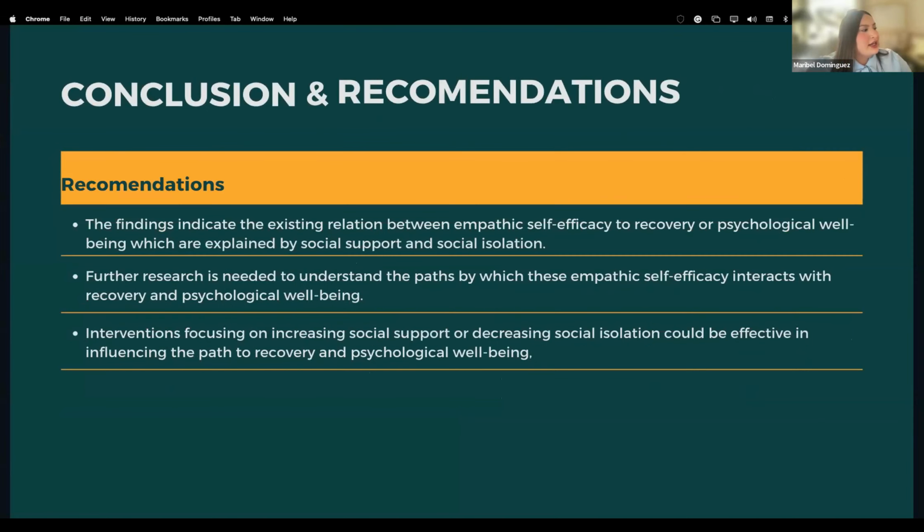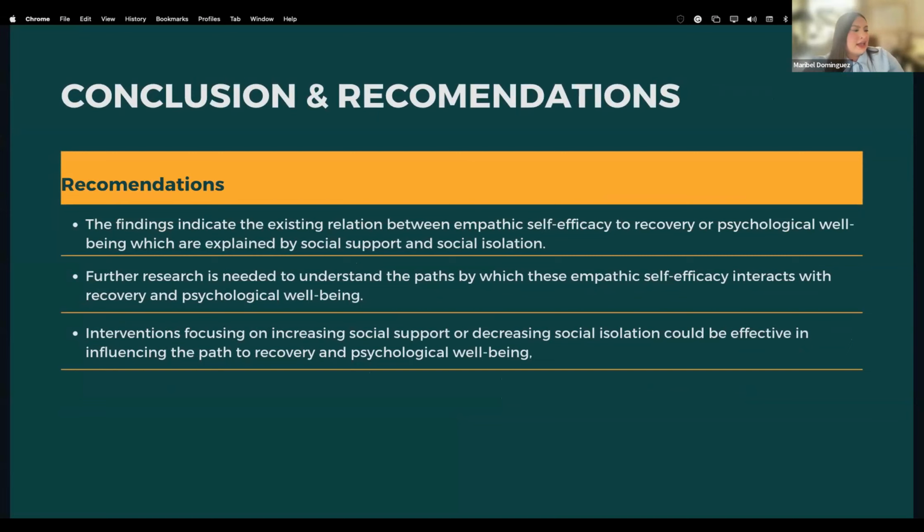And then finally, for the conclusion and recommendations, I just mentioned that it is important to consider the relationship between the variables so that we know, similar to Ruth's question, how much they impact recovery and how much they impact psychological well-being, and if they should be considered in interventions. There is further research needed to understand the paths.